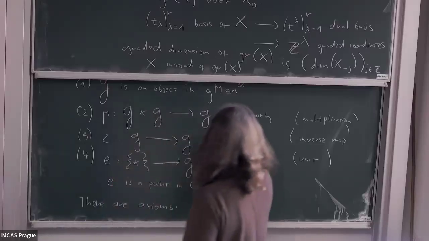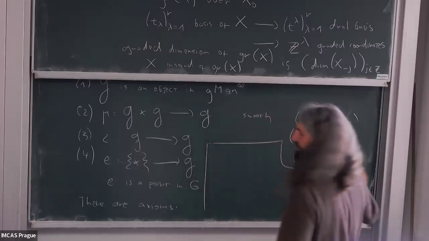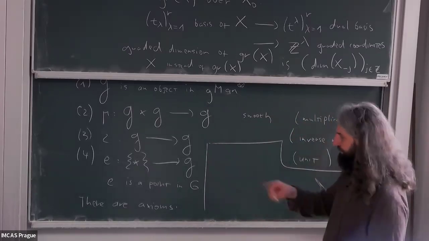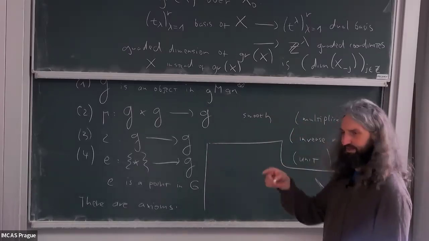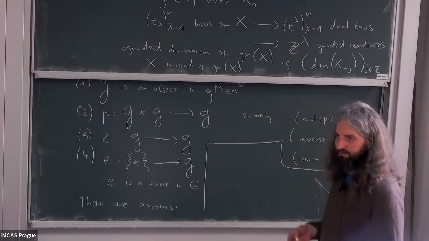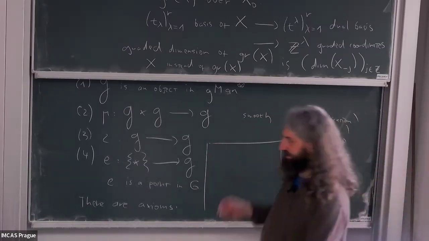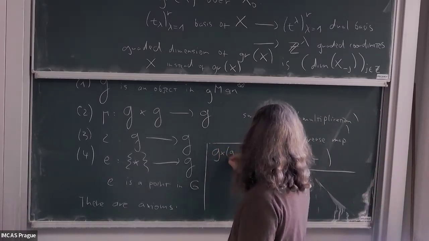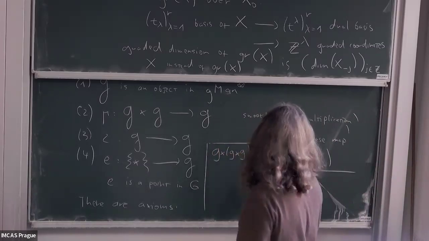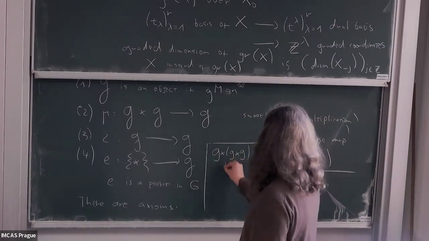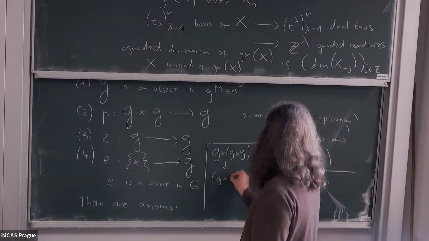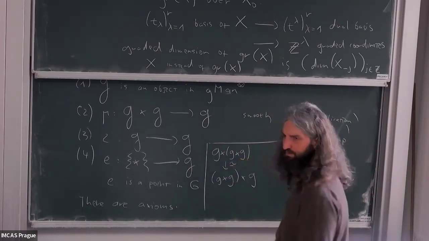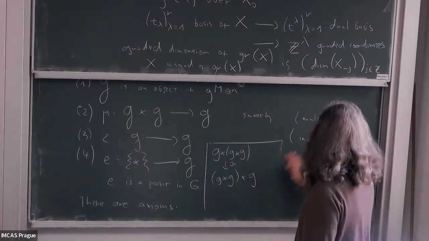You probably already know, but they mimic the associativity, left unitarity, right unitarity, and inverse axioms you have in groups. So, for example, just a very small one. I don't have enough space, but something of this kind. You have this associator, which is a diffeomorphism in the category of graded manifolds.